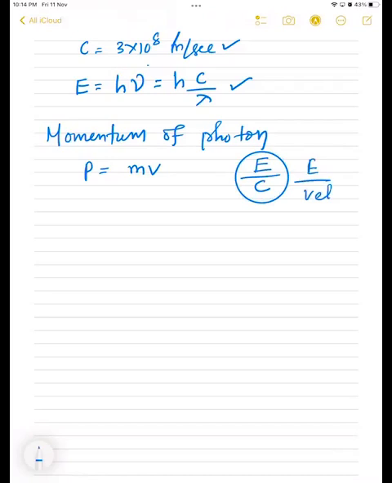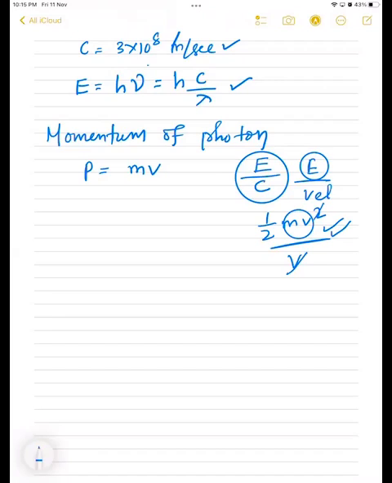Energy is half mv squared, normally, correct? If you divide half mv squared by v, it will be half mv. Are you getting it? Yes, sir.